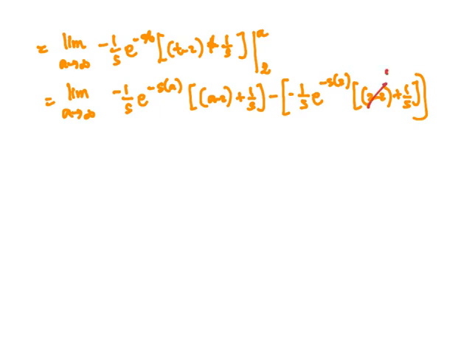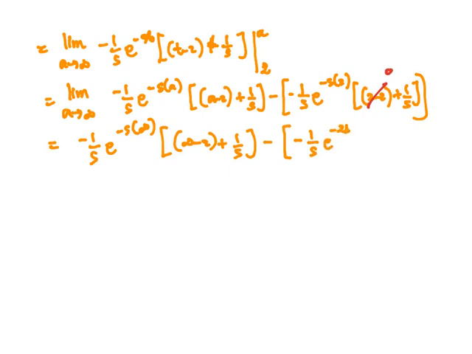So, this goes to 0. And then if you take the limit as a approaches infinity, you'll have negative 1 over s e to the negative s times infinity times a minus 2 plus 1 over s. And then you have here minus negative 1 over s e to the negative 2s times 1 over s.